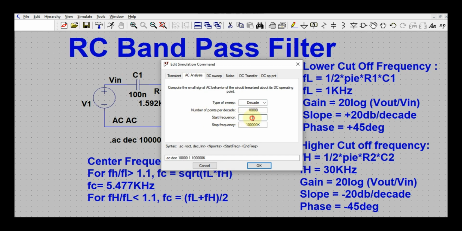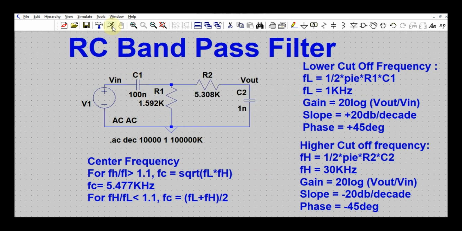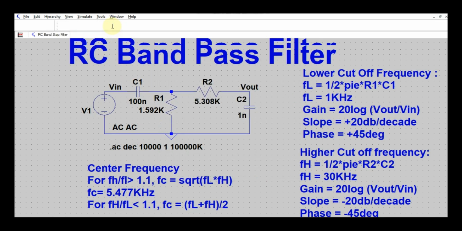Start frequency is 1 hertz and stop frequency is, you can see, this is megahertz and this is 100 megahertz, right? This is 100 megahertz. Okay, now I will go at here and I will run the simulation, right?